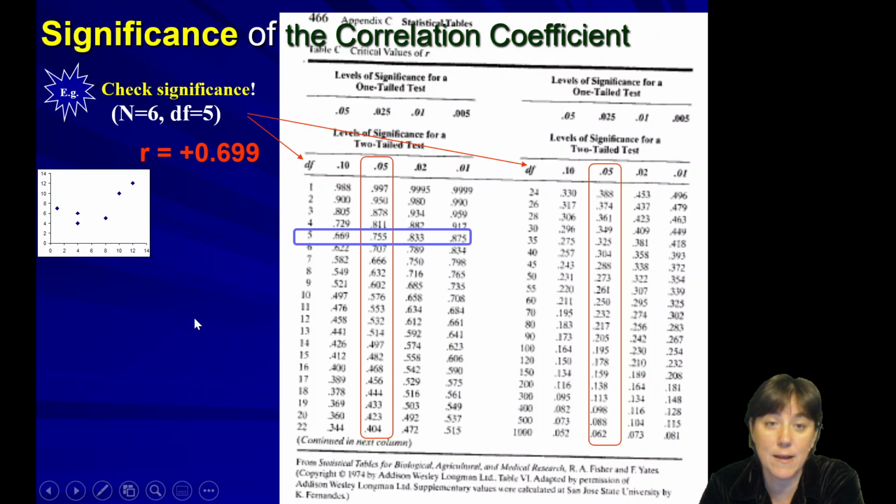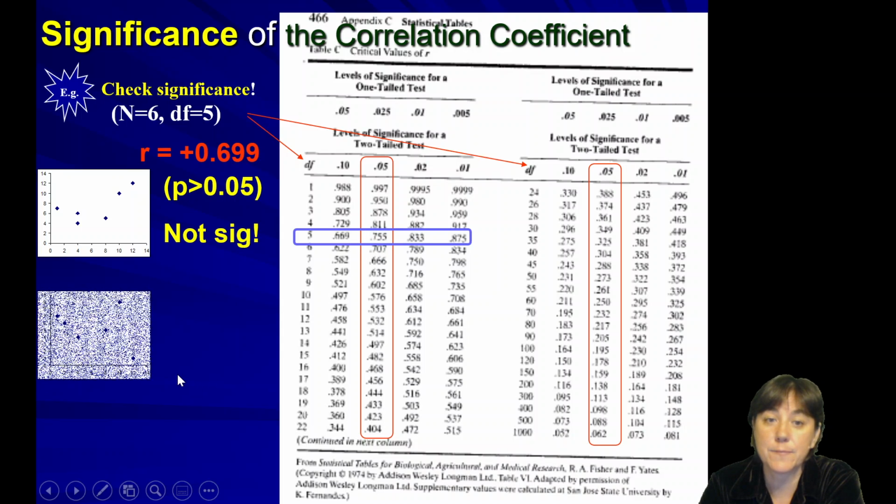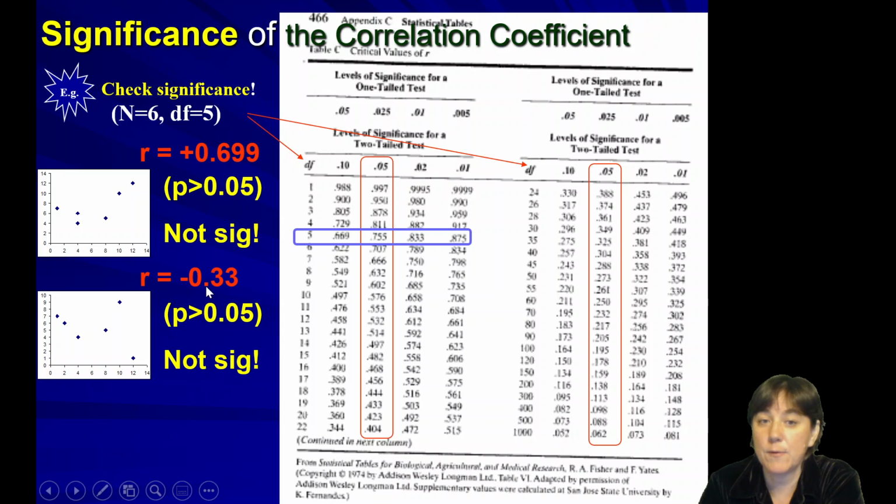the 5% error. So is R equals 0.699 significant for this sample size? No, because it's lower than our selected critical value here. How about this one? No, it's definitely negative, doesn't count.